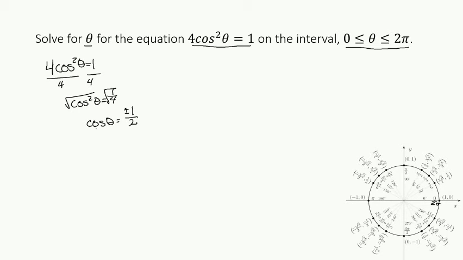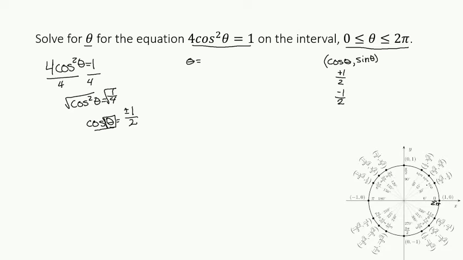So this gives us the cosine of theta, but we're looking for only theta, not the cosine of theta. So if we remember cosine of theta and sine of theta, then we can find where cosine equals positive 1/2 and negative 1/2, and that's going to be our values for theta.